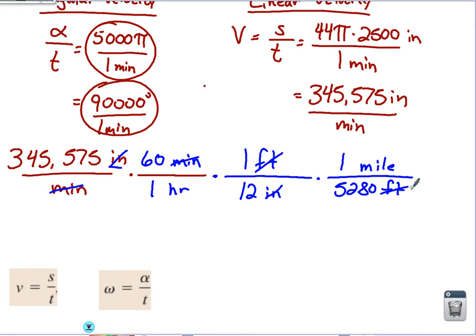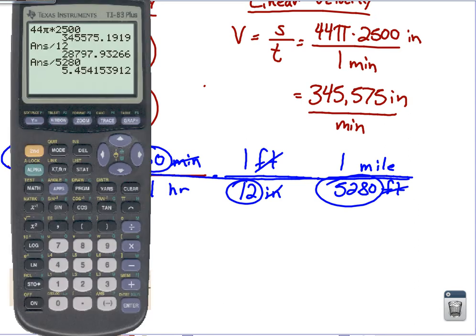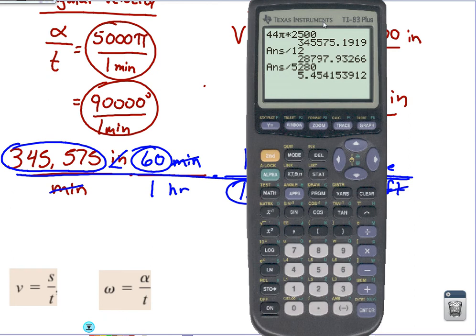So here's how I'm going to type this thing in. I've got 345,575, and I've got to multiply it by 60. On bottom, I've got 12 and I've got to multiply it by 5,280. Let me type it in again so I'm exact. 44 pi times 2,500.